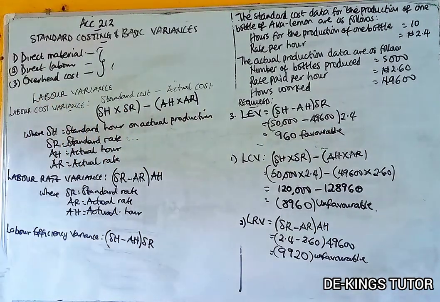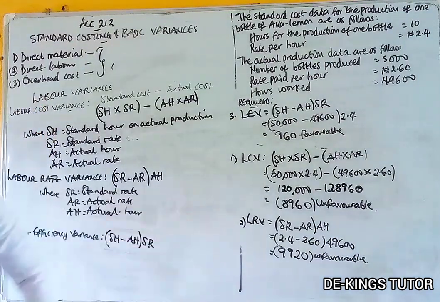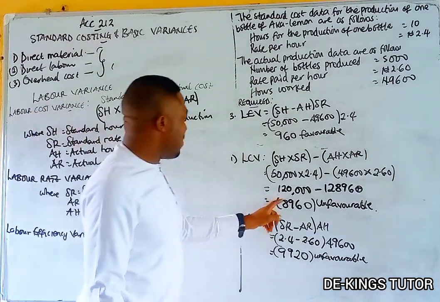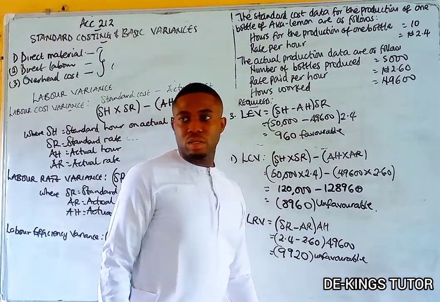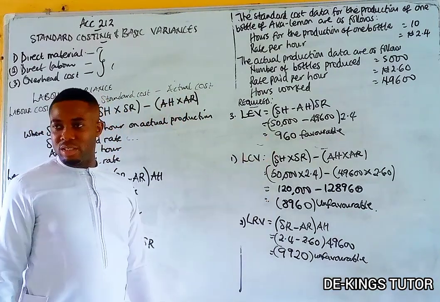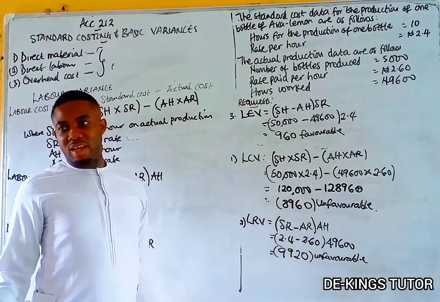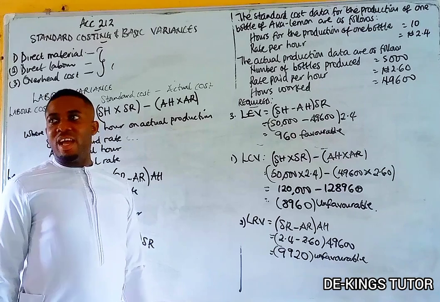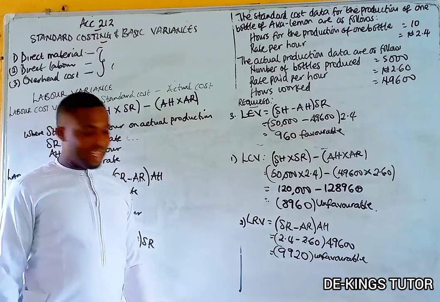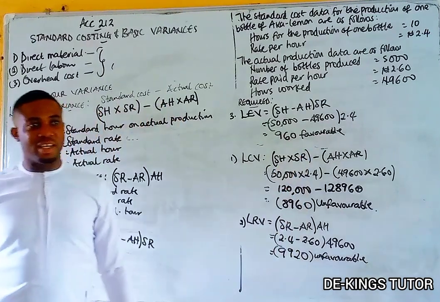So if you add it together, how will you get to this? It's correct, sir. No, no, it's correct. This is minus, this is plus. If you add this together, subtract this, because they are unfavorable now. So you subtract it from this. So 960 plus this, minus this. 9,920.